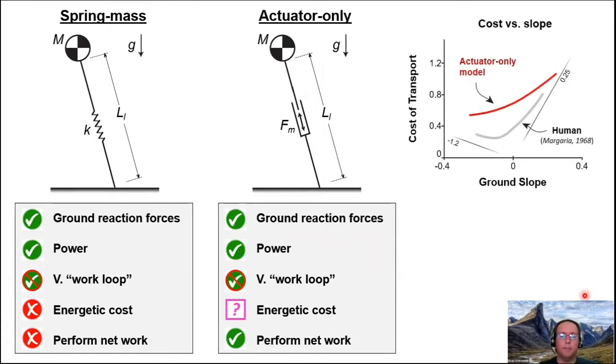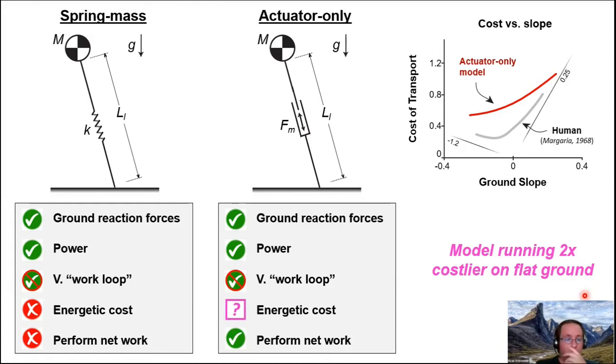Well, if we look again at the Margaria plots, cost of transport against ground slope, we see that the model kind of gets the shape right. It has a bit of the asymptoting towards the iso-efficiency lines and the transition between the two. But in general, cost is quite a bit higher than it should be. And in fact, it's about twice as costly as it is on level ground.